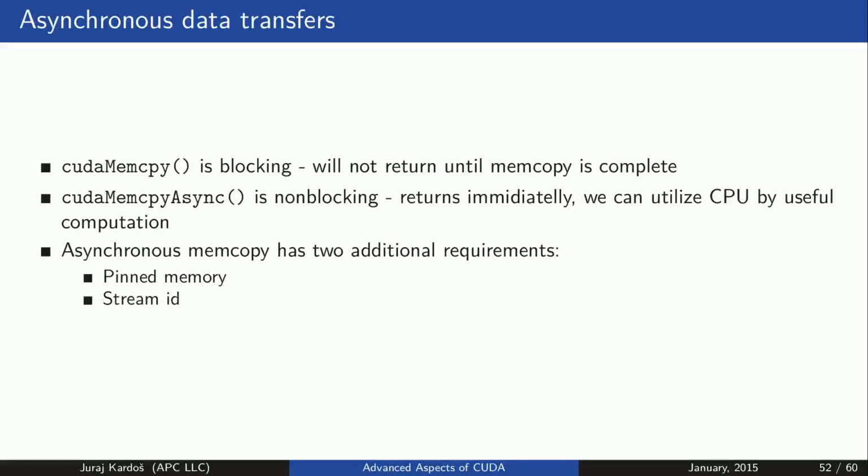Regular CUDA memcopy is blocking, so it will block host until the transfer is complete. On the other hand, asynchronous CUDA memcopy is not blocking, so that the return from this function is immediate, and you can utilize CPU with some useful computation while data are being transferred. There are two additional requirements for asynchronous memcopy.